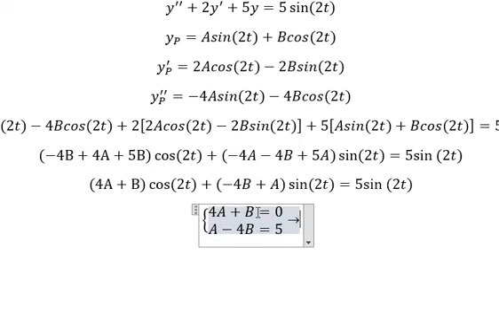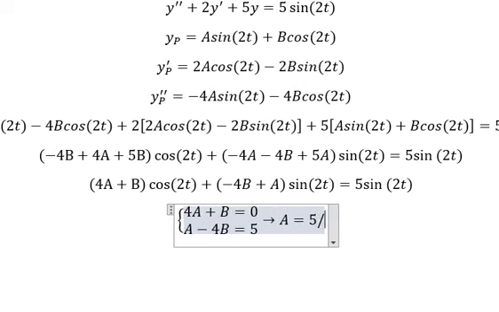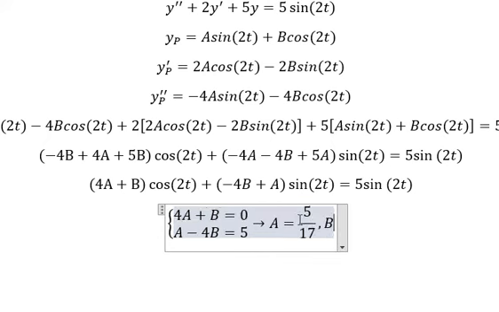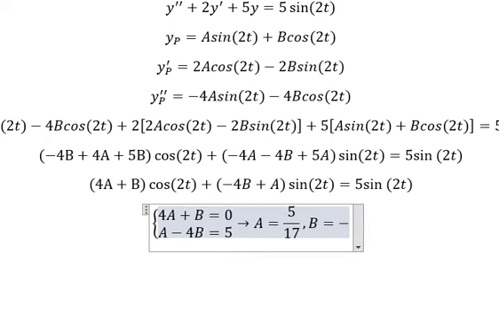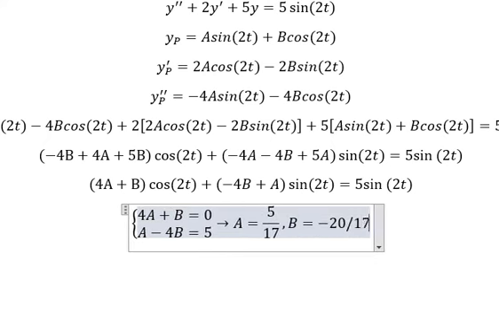And now we need to find the solutions of a and b. So a equals 5 over 17, b equals negative 20 over 17.